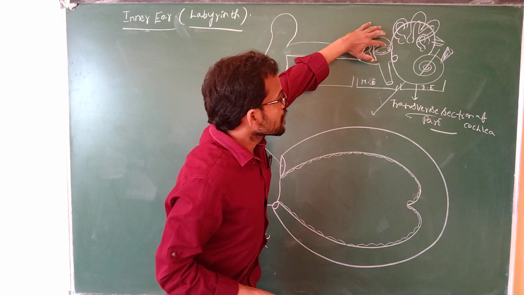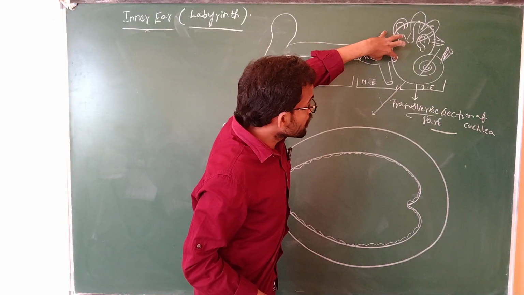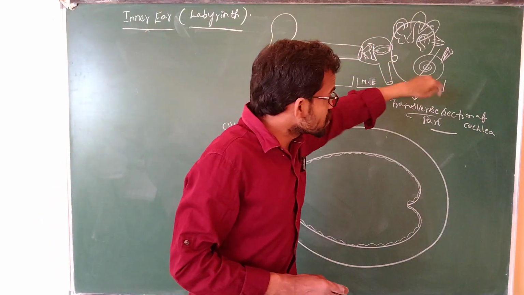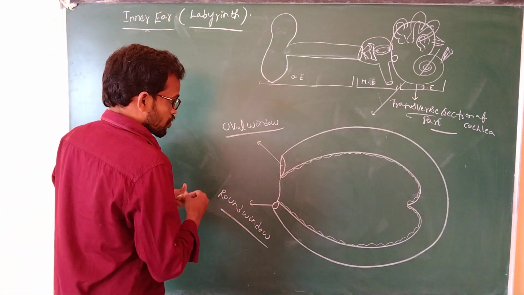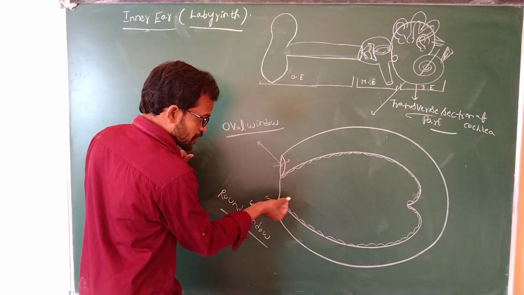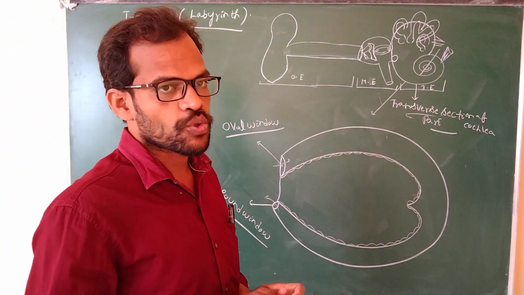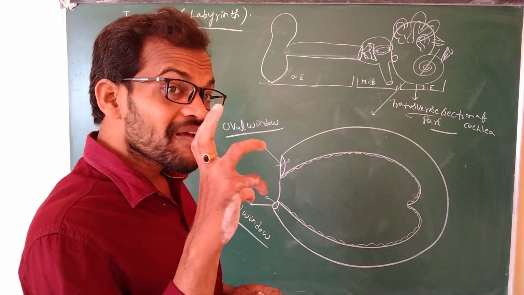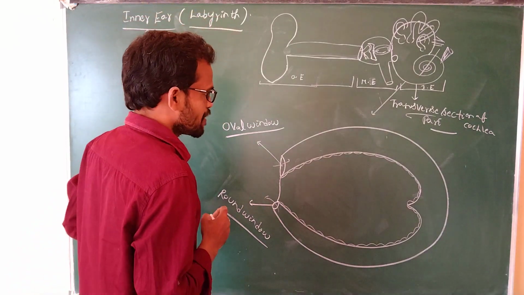See here, the stapes opens into the oval window, and this round window opens into the middle ear. In the transverse section of the cochlear part, the outer part is made up of the bony labyrinth, and the inner part is made up of the membranous labyrinth.